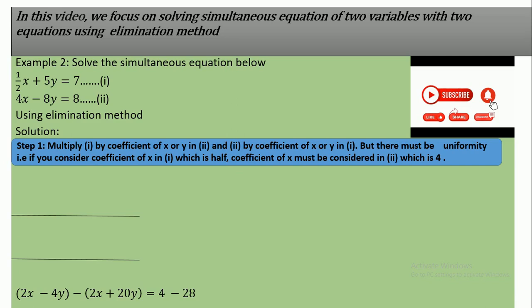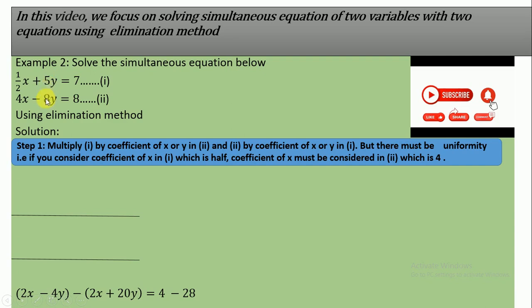So in this video, we only consider the coefficient of x in either of the equations. You can also consider the coefficient of y, meaning you can consider the coefficient of y in equation 1, which is plus 5.